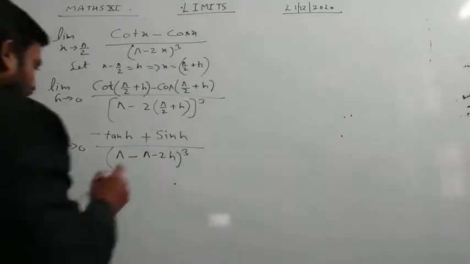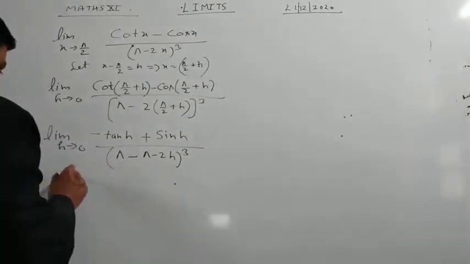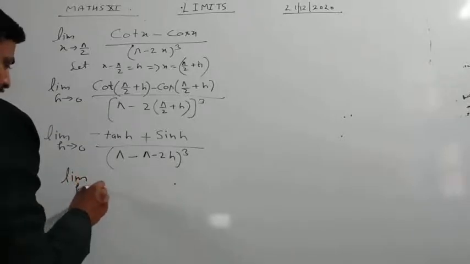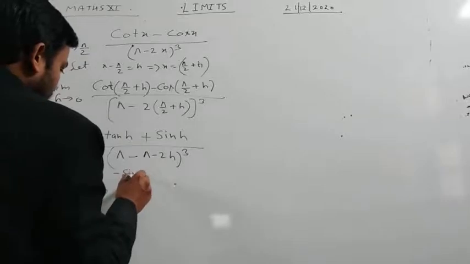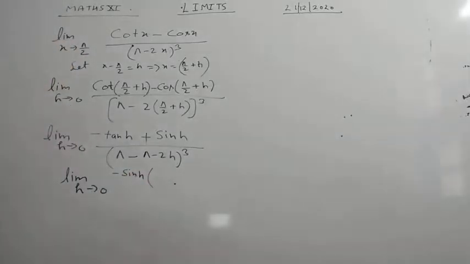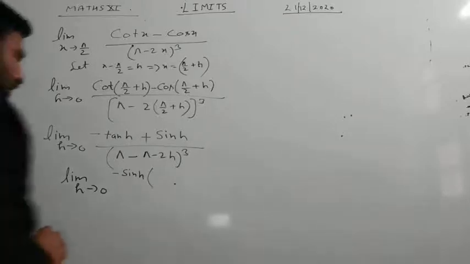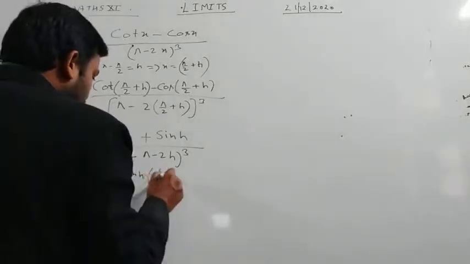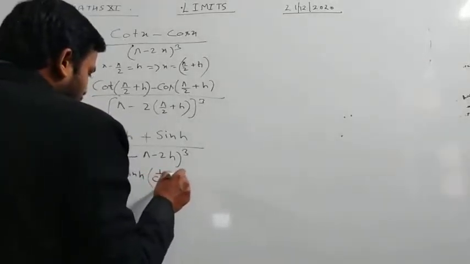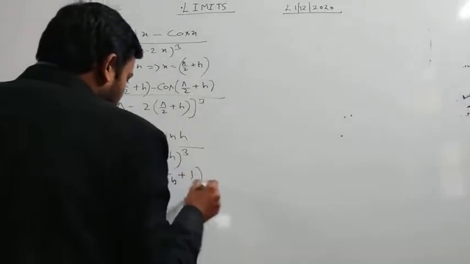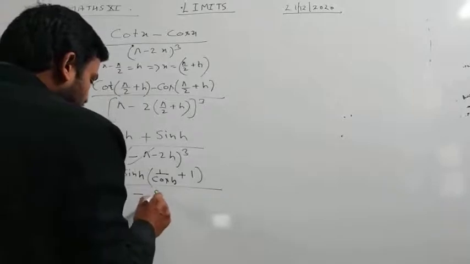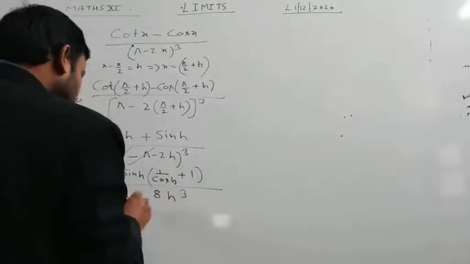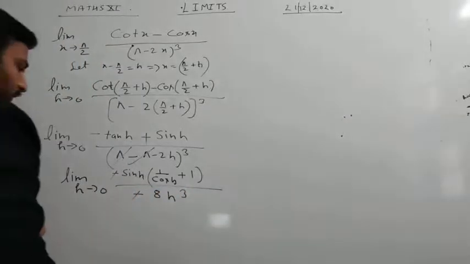Now we see limit h tends to 0. Take minus sin h common from here, and we get 1 by cos h plus 1, but this is cancelled, over minus 8h cube. This minus and minus sign will cancel.